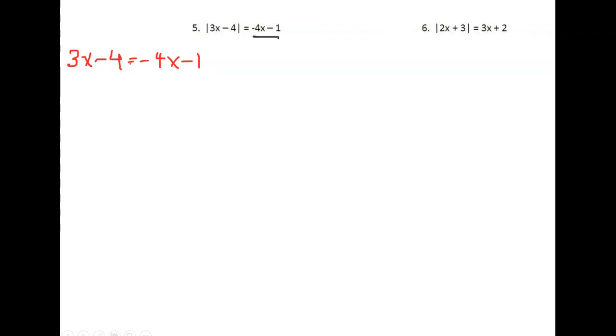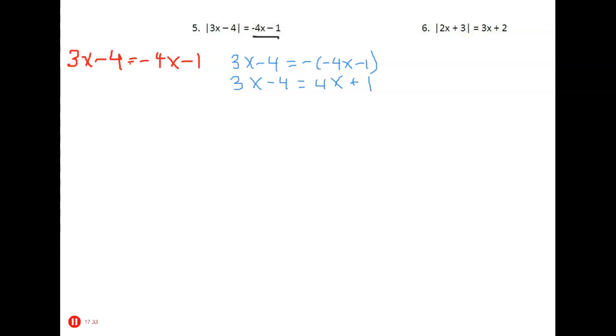The other side, you have the 3x minus 4, but now it's negative the whole part. So it's 3x minus 4 equals positive 4x plus 1. Both terms change sign. Not just the first term, but both terms.